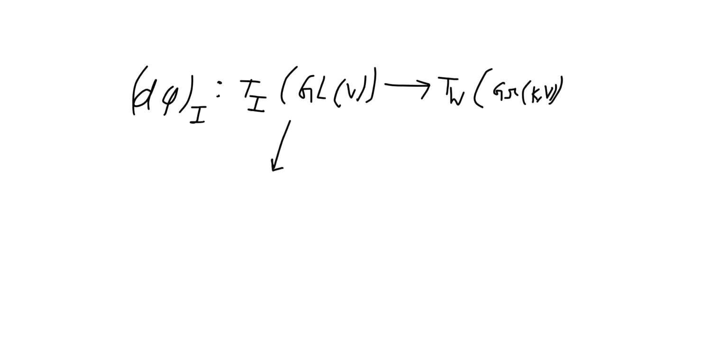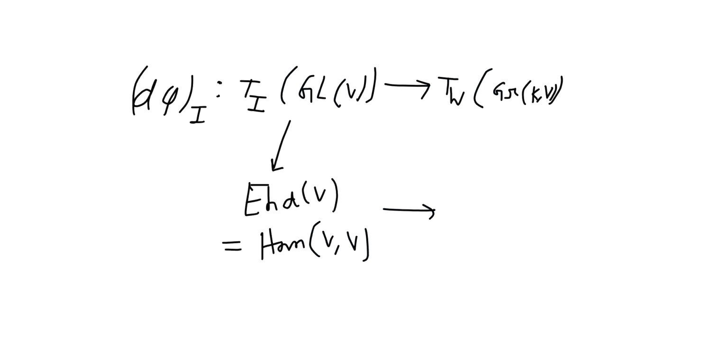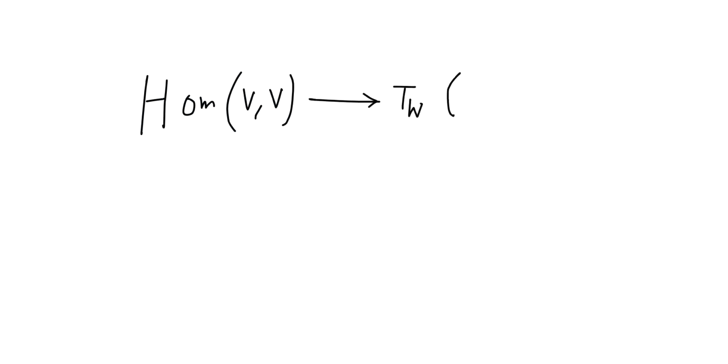End V is nothing but Hom(V, V). So we have a map from Hom(V, V) to the tangent space at the point W of the space Gr(k, V), T_W Gr(k, V).